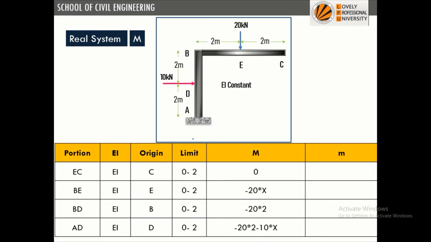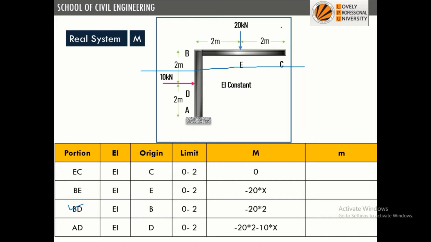Now we'll consider the third portion, that is BD. It is a vertical portion, so we'll cut a horizontal section. The section divides the structure into two parts: the portion above the section and the portion below the section. When we cut a vertical section, we consider the portion left of the section or right of the section.